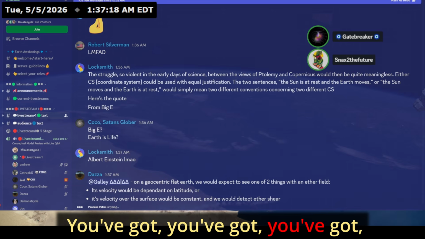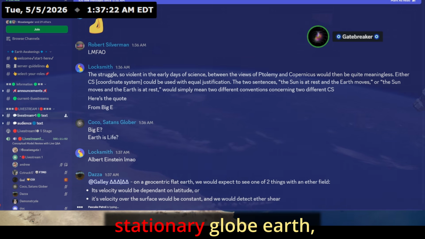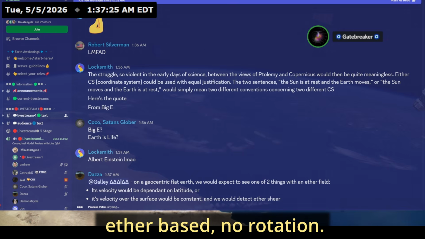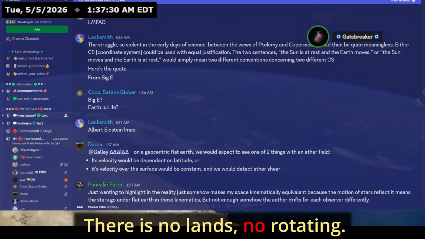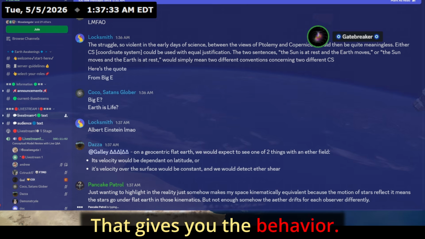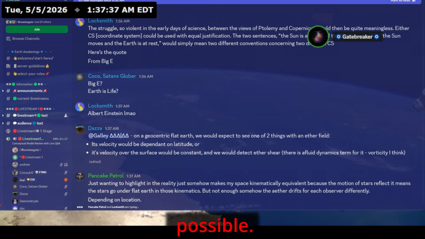You've got a stationary globe Earth, ether based, no rotation, and the field is rotating. There is no land rotating. That gives you the behavior. This is the only swap geometrically possible.